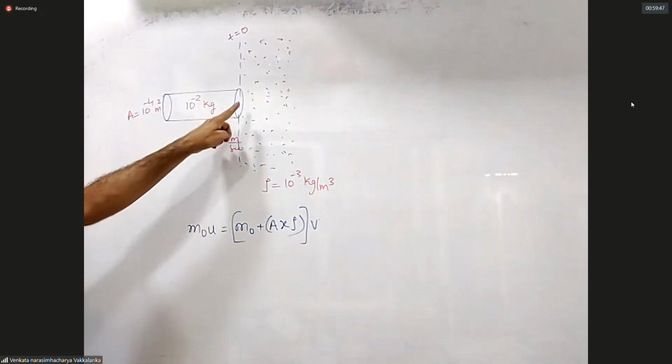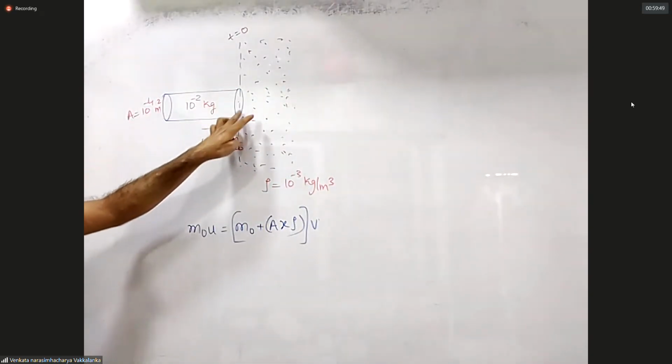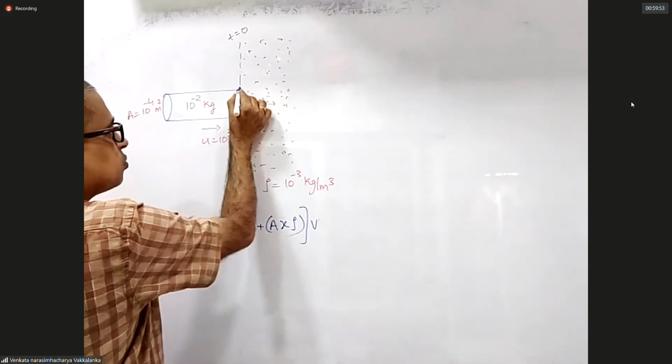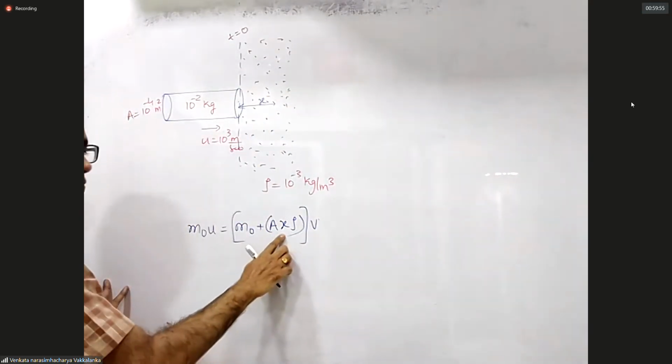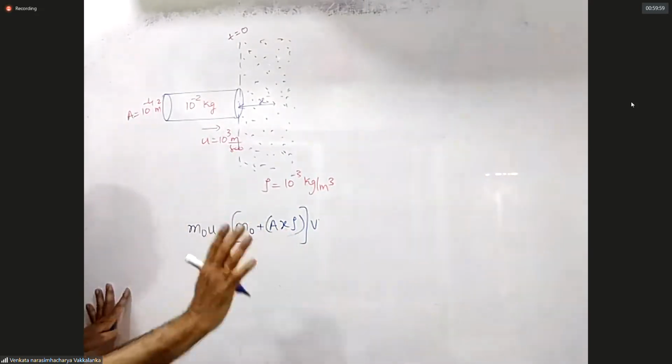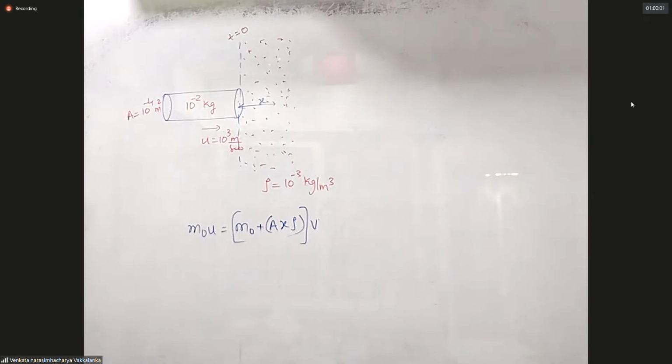M naught is the mass of the cylinder. How much dust is accumulating on this? If this traveled a distance of x, the dust involved in that particular volume is A x into rho. Do you agree with that?